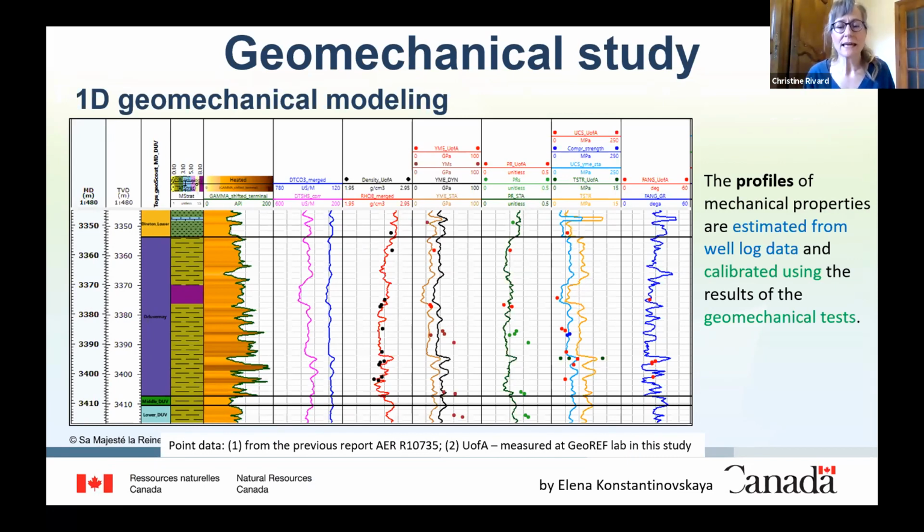The profiles of mechanical properties of rocks were estimated from well log data and calibrated using the results of the available geomechanical tests, shown here using dots. The pore pressure and minimum horizontal stress profiles were calibrated using the results of drill stem tests and diagnostic fracture injection tests.